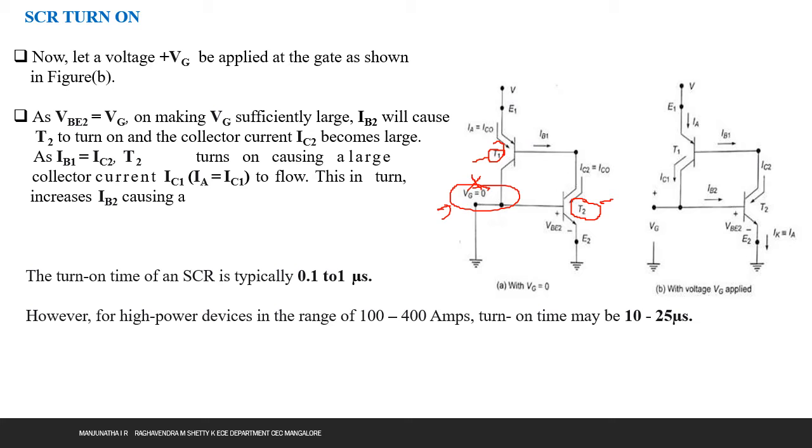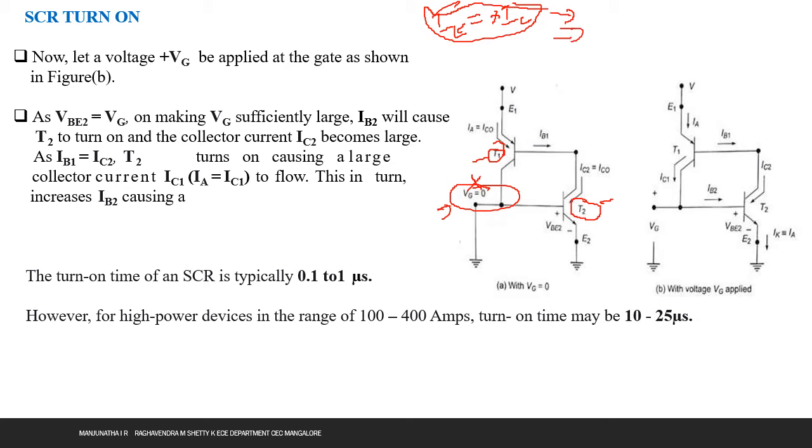And before that, let me tell you that the emitter current is equal to the collector current IC with some multiplication factor. Let me consider the multiplication factor as a x.